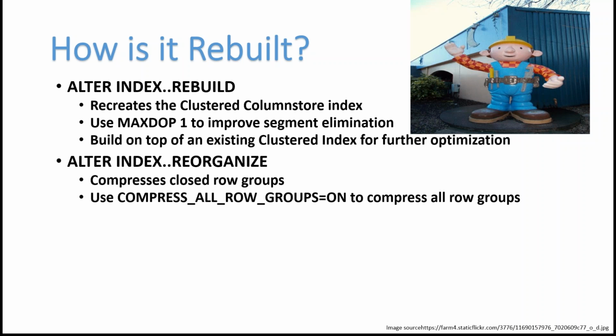Another thing we can do is use the option called COMPRESS_ALL_ROW_GROUPS to compress all of the row groups and not only those that got to 1 million rows. And as we said, use it when the tuple mover can't handle the load, because as we said, he's a pretty lazy guy.